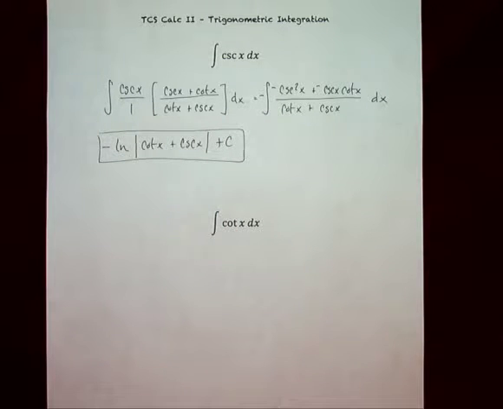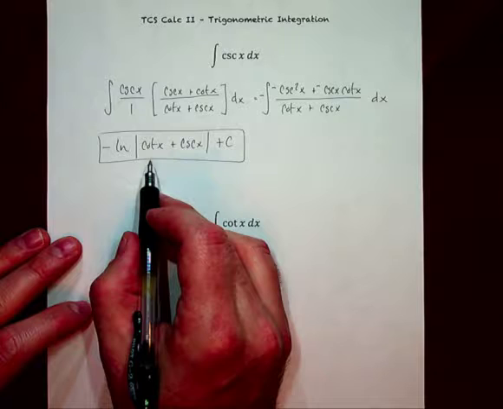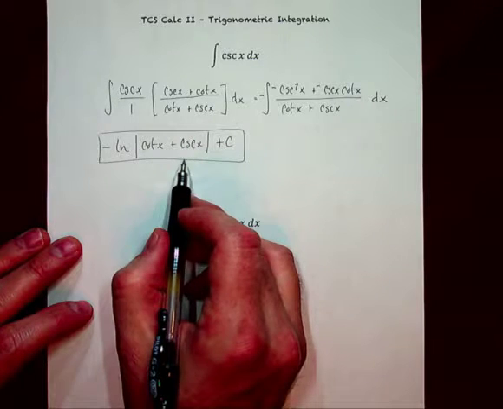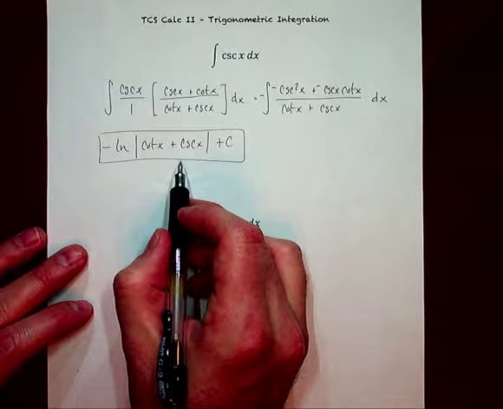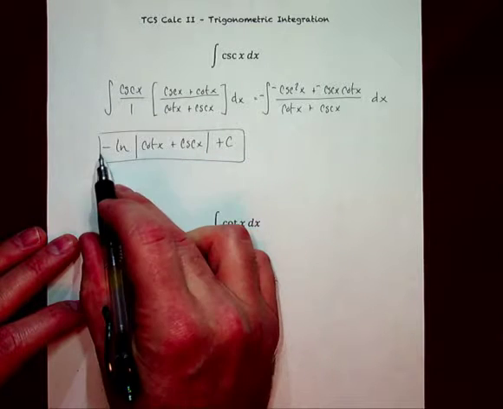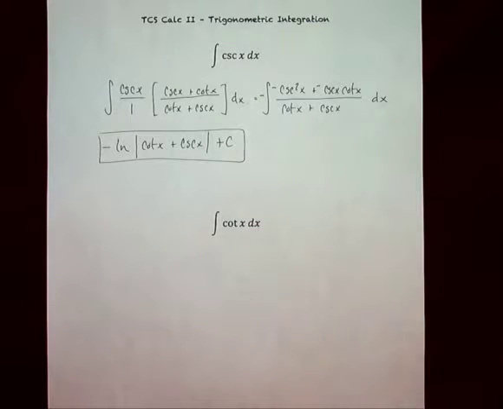But remember that cosecant and cotangent have the same denominator. They both have a denominator of sine. This is cosine over sine, and this is 1 over sine. So you can actually turn it into a single rational expression and then use that negative 1 to change the form of it.